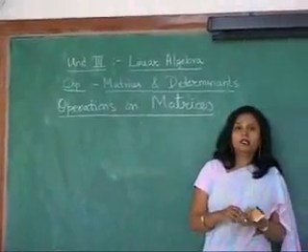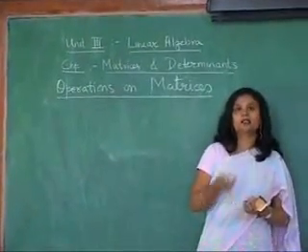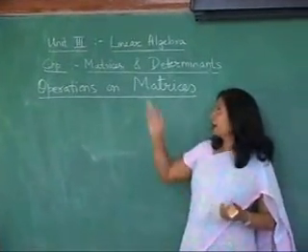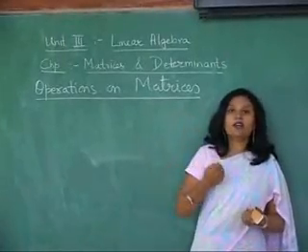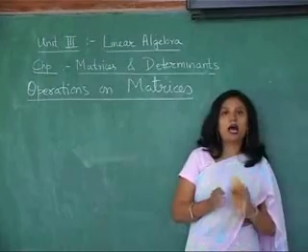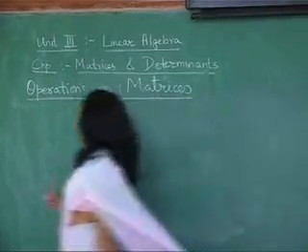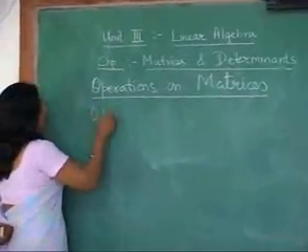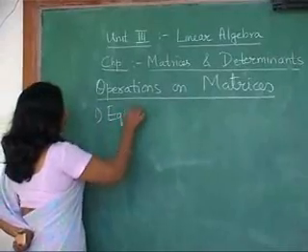Before one defines the sum of two matrices, scalar multiplication or product of two matrices, it's very important to know when two objects are equal. So let's start with equality of two matrices.